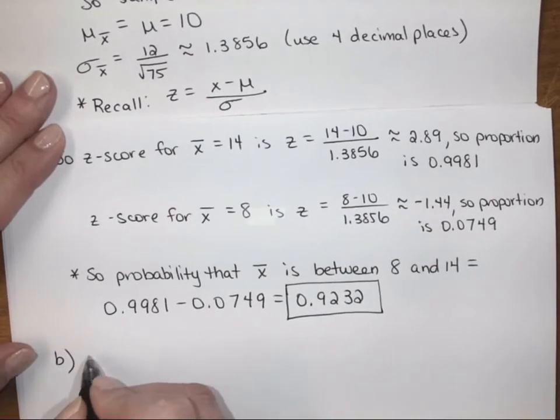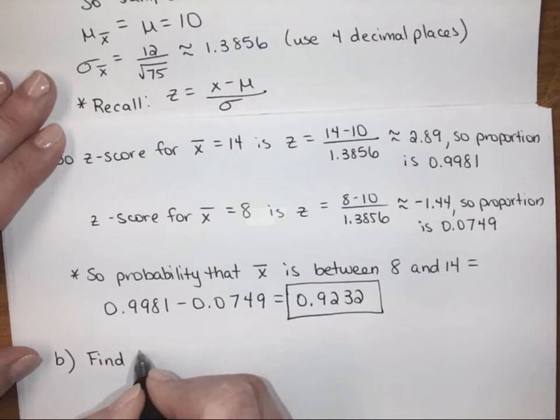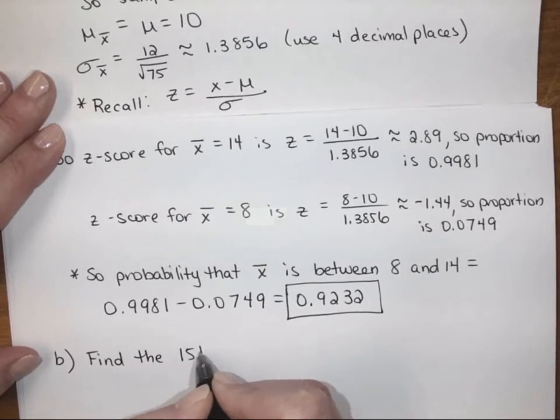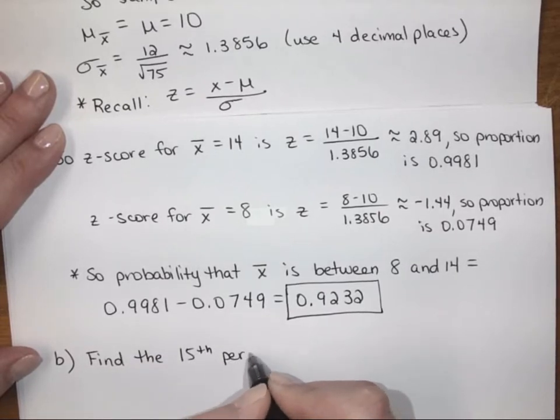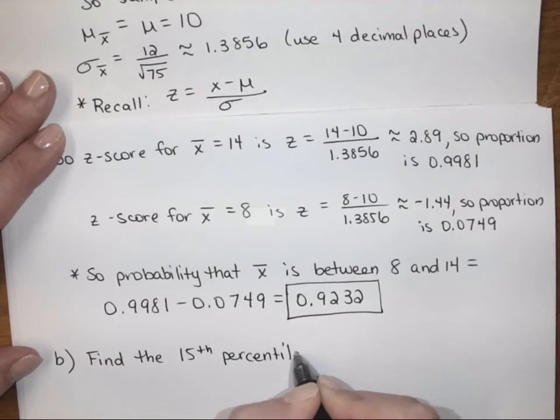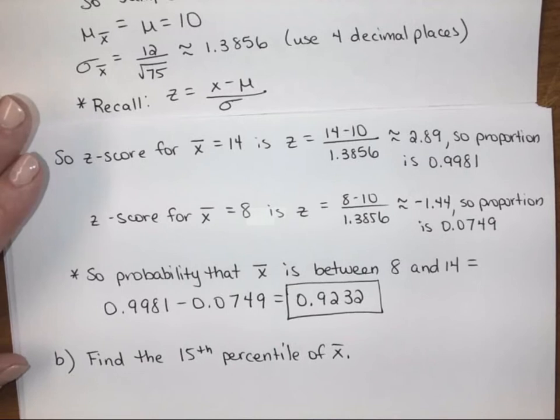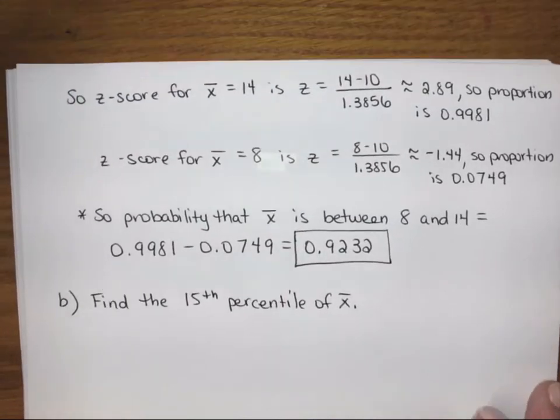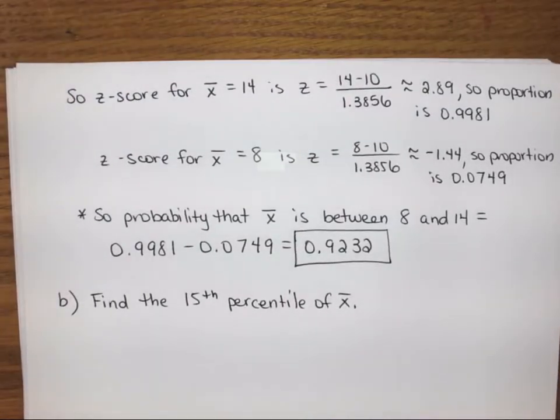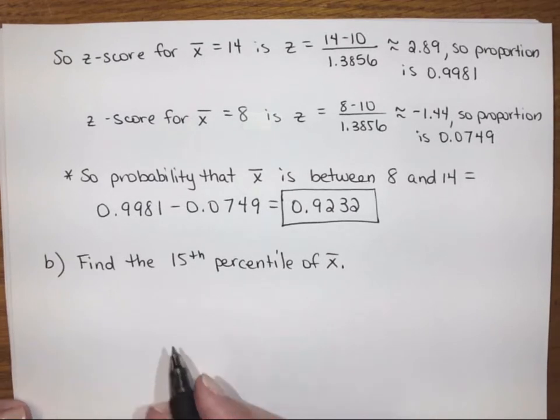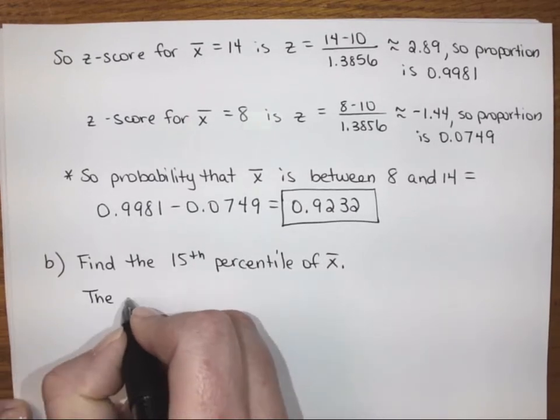All right, so let's do another percentile question. So what if I tell you to find the 15th percentile of X bar? Okay. So remember, this is where you know the area and you're trying to match it with the z-score.